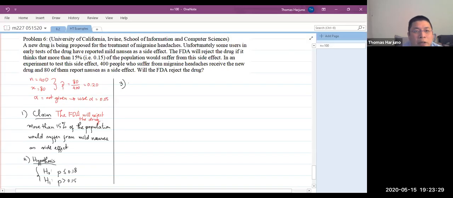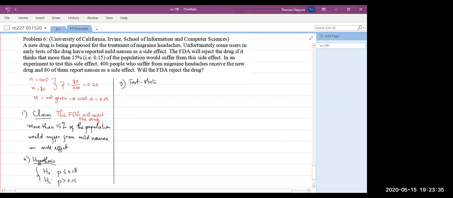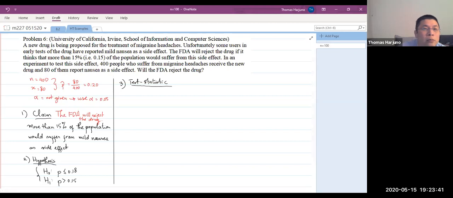Okay, let's go back. Step 3, statistic. Wait, Thomas, in step 2, where did the 0.18 come from? Oh, from nowhere. My bad. Should be 0.15. Yeah, thank you. Test statistic Z equals 0.20 minus 0.15 over square root of 0.15 times 0.85 over 400.